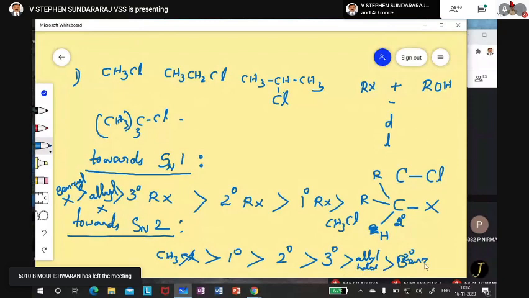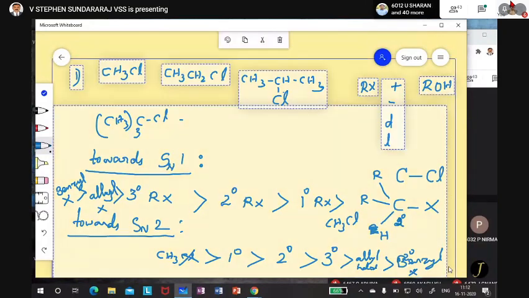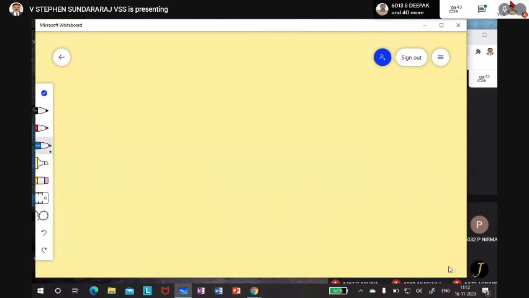Up to primary, secondary, tertiary there is no problem, but for allyl and benzyl there is a special reason. If you read in the textbook you may not understand fully, so I will explain it later. Let me first finish the SN2 mechanism.